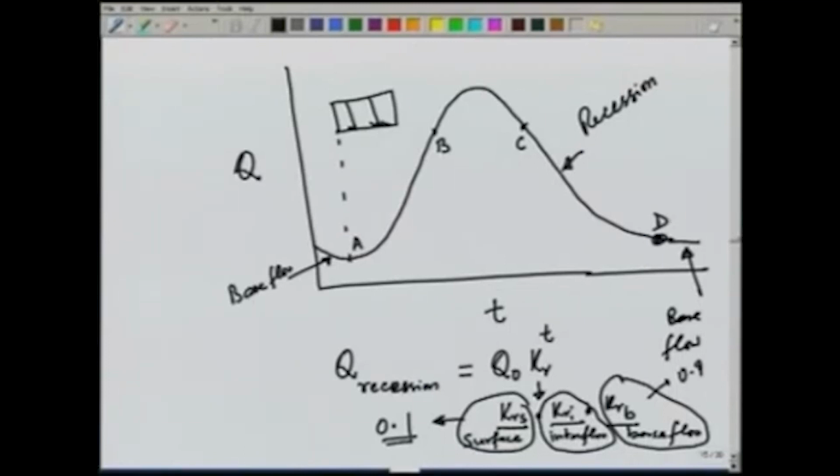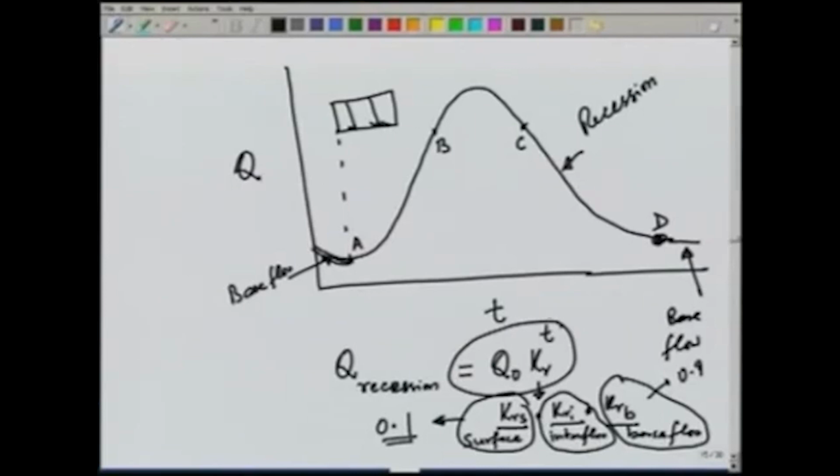Typically, whatever is the base flow at the start of the hydrograph, we can use a similar pattern here, or we can plot this curve on a log or semi-log scale and see where the curve departs from this equation Q0 Kr^t.